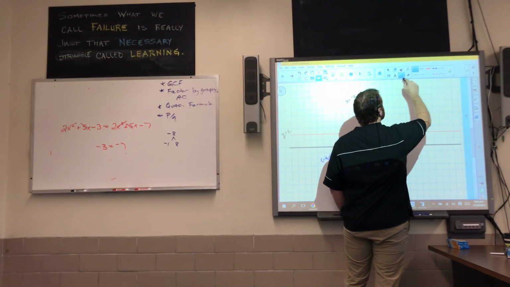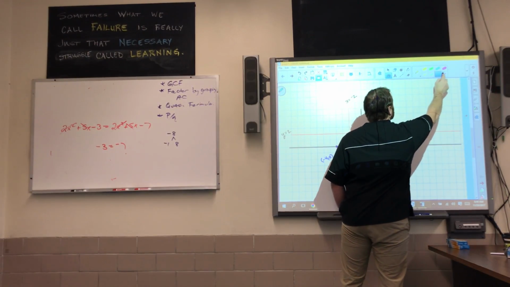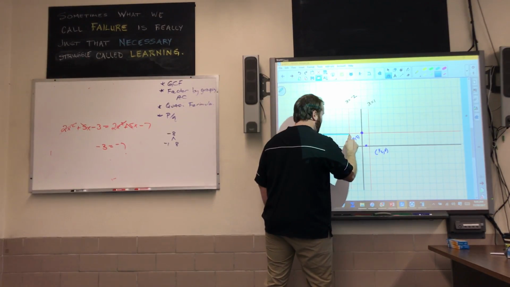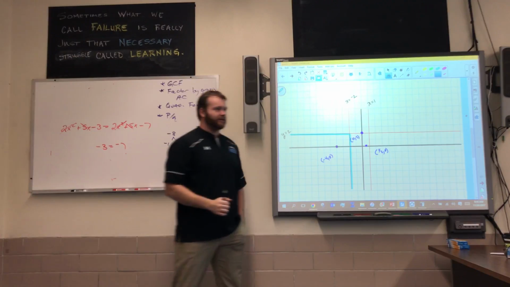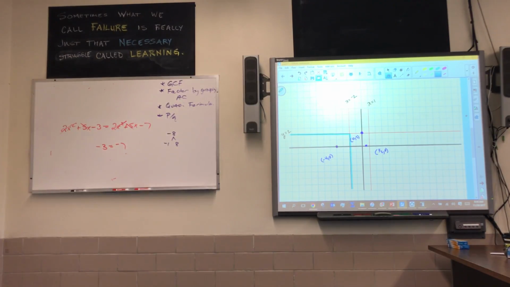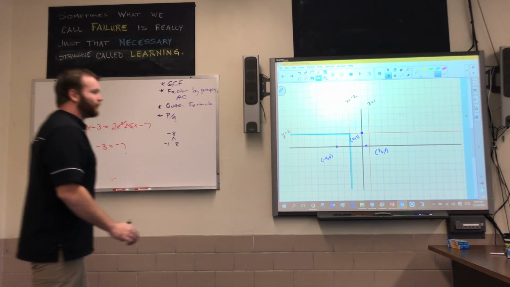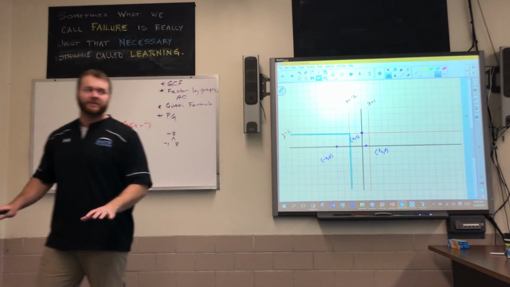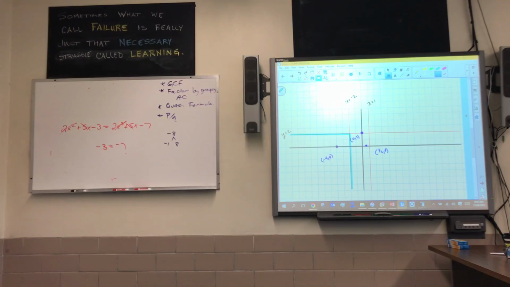Our asymptotes kind of block off regions, right, of our two-dimensional plane. Because I have that one x-intercept at -4 is 0, what that tells me is in that region I have no more x-intercepts. Okay? So my graph is kind of forced to do something particular.